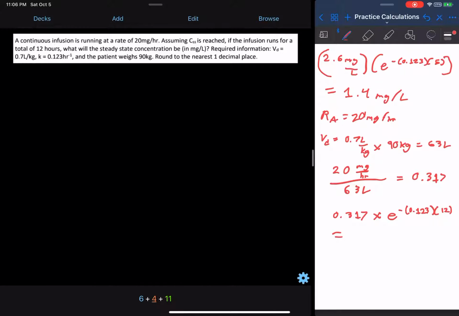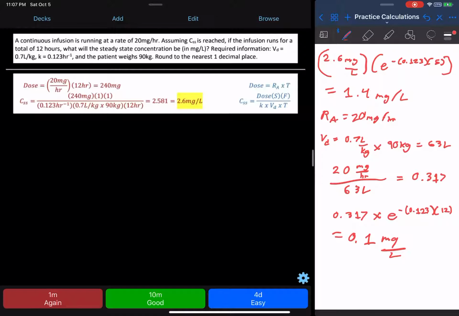Okay, let's see if this worked. Round 10, there's one decimal place, so that's about 0.1 milligrams per liter. Let's see if that's right.